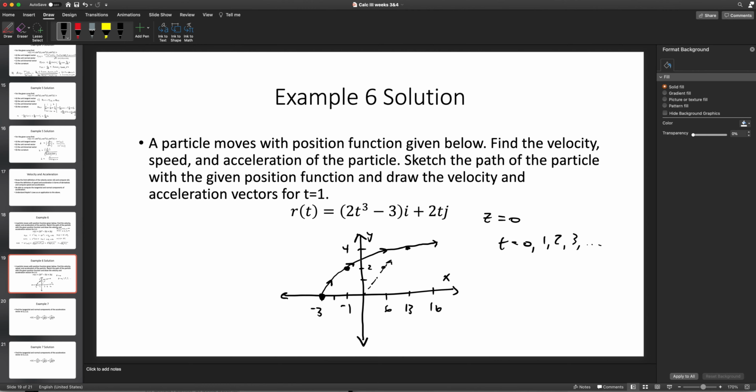So this vector right here would be the tangent vector. If I translate this vector up to this curve here, it should be tangential to it, although it looks a little askew because this is not to scale.